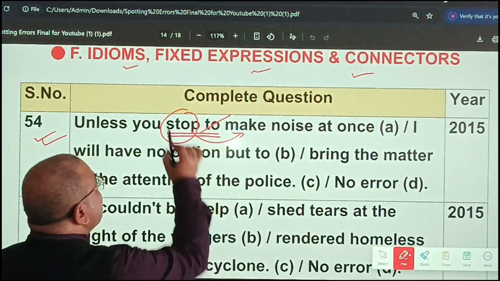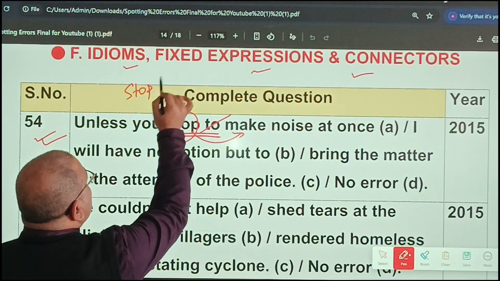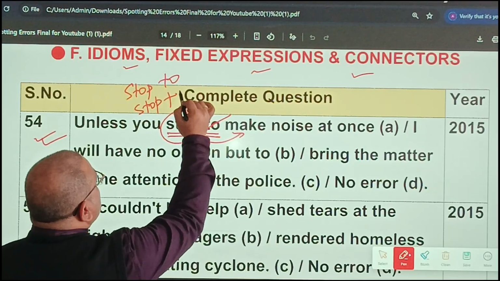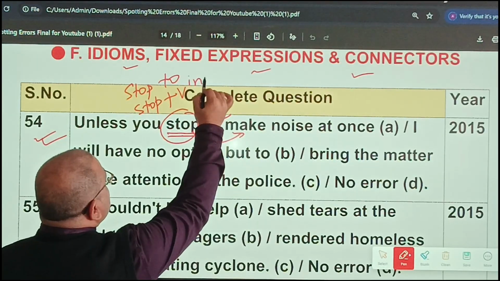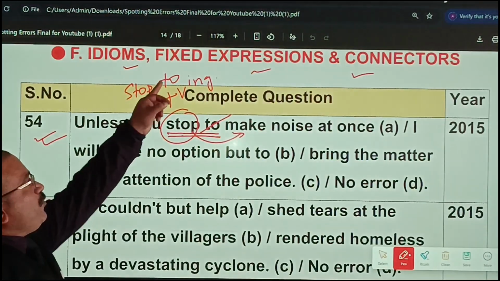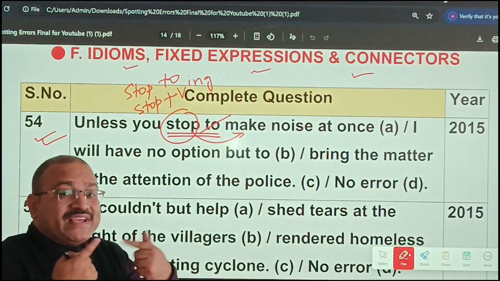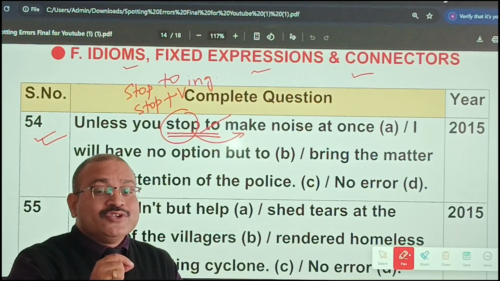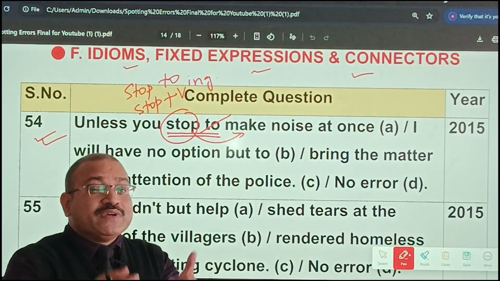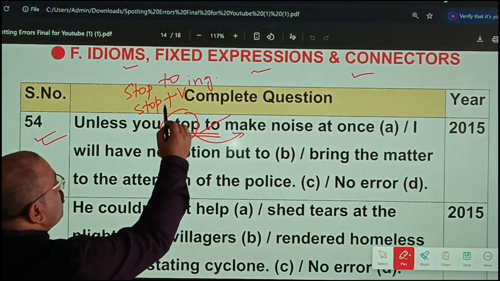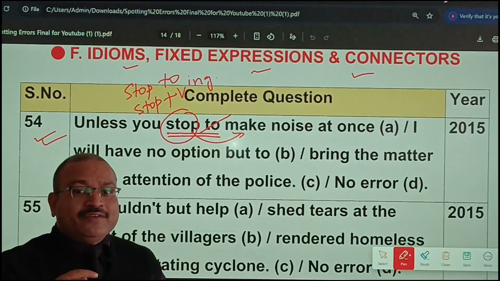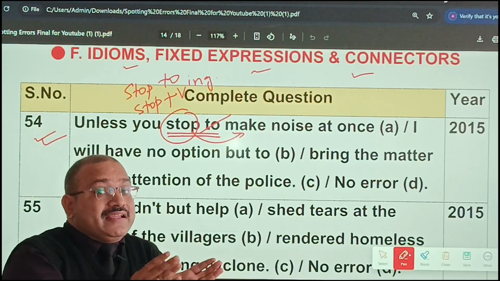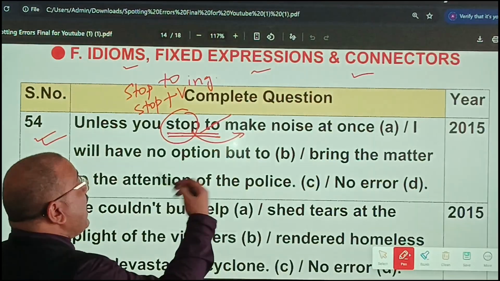So the difference between stop to and stop plus V-ing. Stop to means when you stop with a purpose. I stopped there to drink water. Purpose was drinking water. Now stop plus V-ing, when some activity is in progress, going on, then that stop will take what?